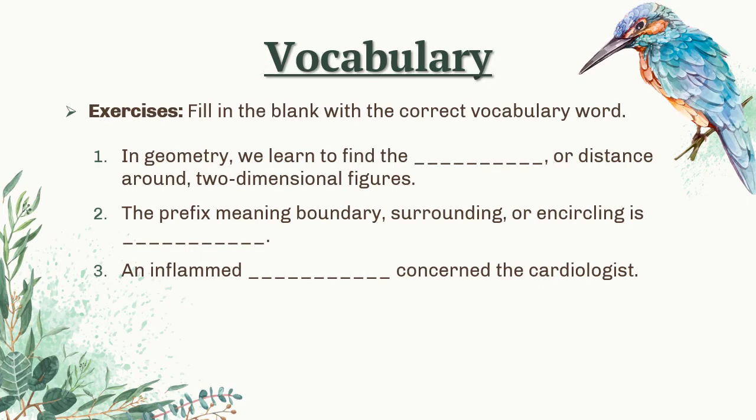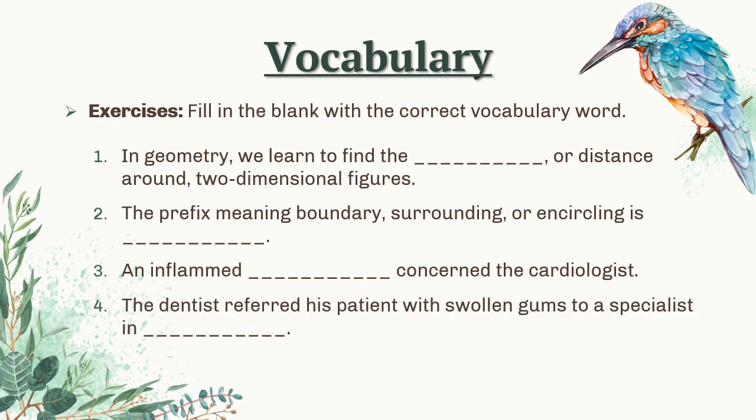Number 3, an inflamed blank concerned the cardiologist. Remember, cardiologist is a heart doctor. And number 4, the dentist referred his patient with swollen gums to a specialist in blank. Okay, pause your video and write down the correct answers if you have not done so already.